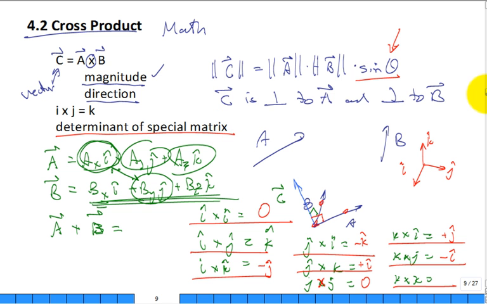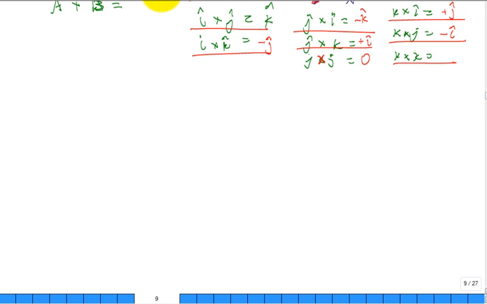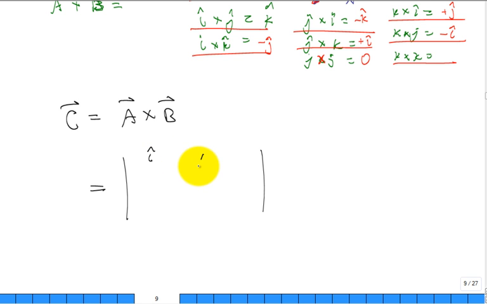And so you remember that if you wanted to calculate the cross product, A cross B, you're going to get a resultant C. I would say C is, you can calculate by remembering to construct this matrix I, J, K. Those are the unit vectors on the first row. Then you put the components AX, AY, AZ on the second row, and then BX, BY, BZ.